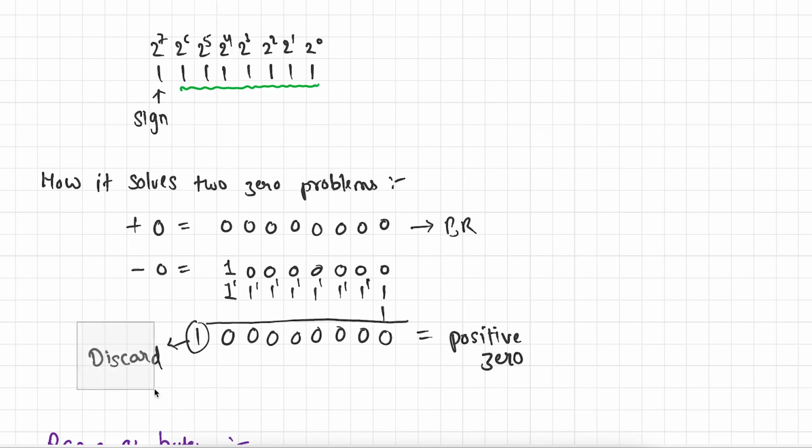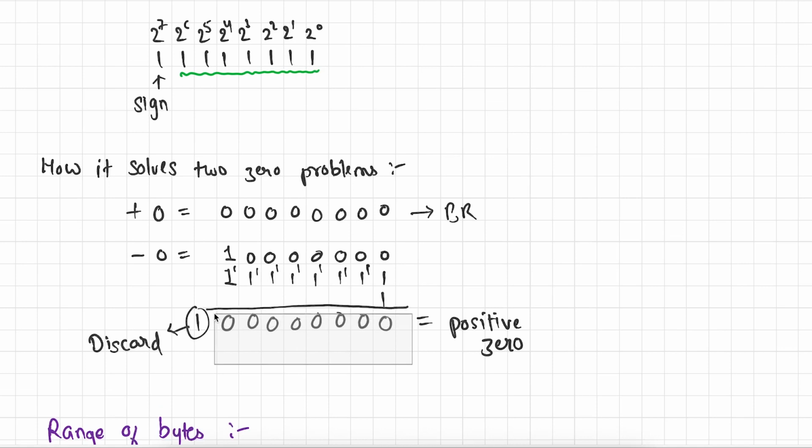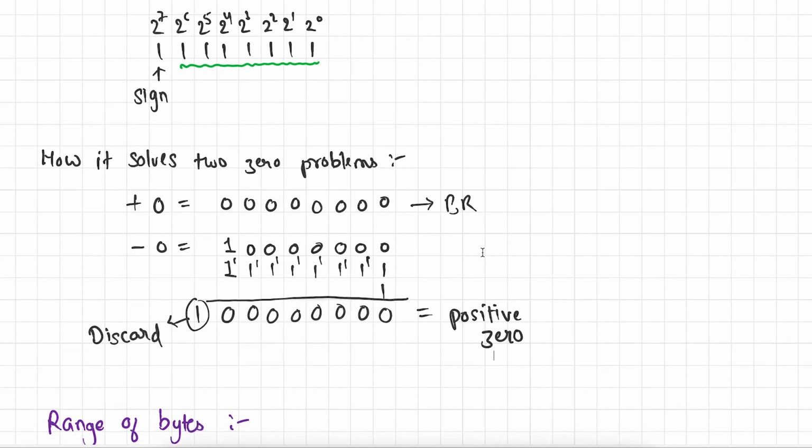In 2's complement, we simply have to discard this 1. If you look at this binary representation, it is exactly the same as positive 0. So when we store -0 in 2's complement, we again get the positive 0 only. This is how the 2's complement technique solves the problem of 2 zeros.